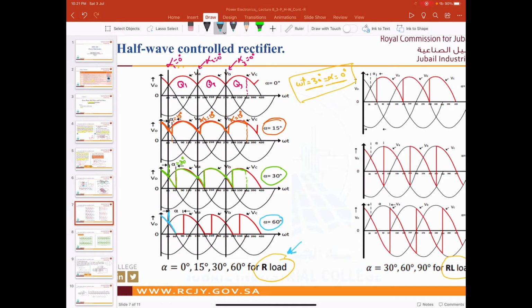Okay, now if this is 0, right? Up to here is 30 degrees. Alpha is 30, right? Up to here is 60. Now why do we draw like this line and we didn't go like this, guys? Why didn't we go up again like this?